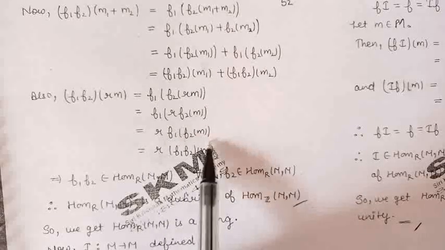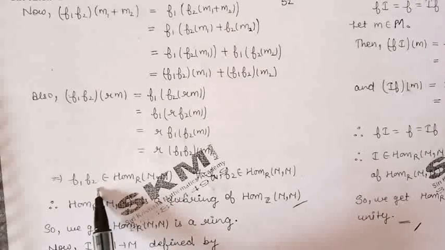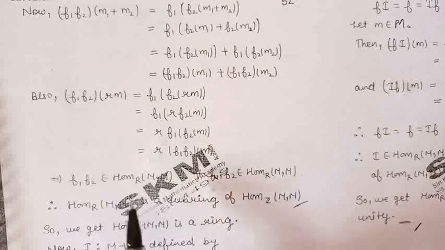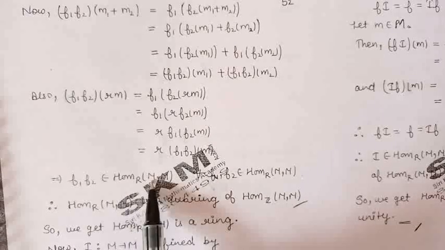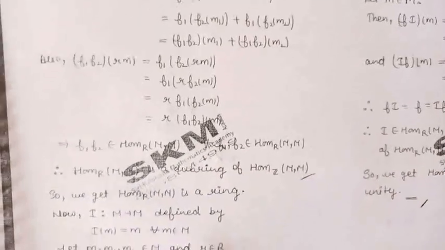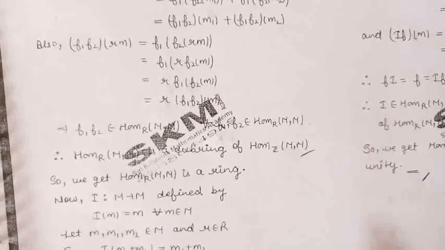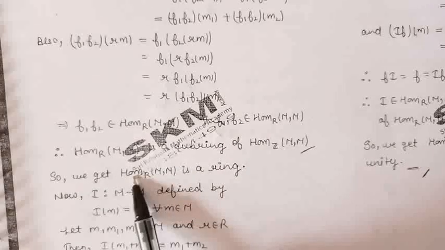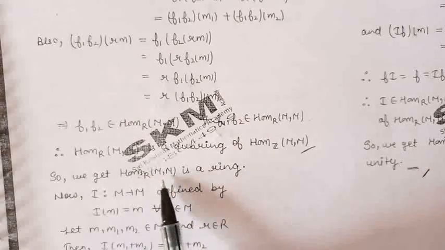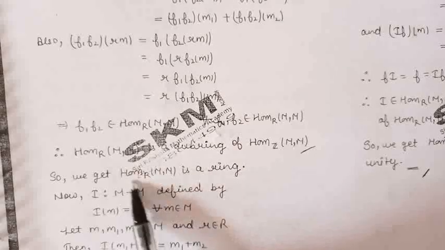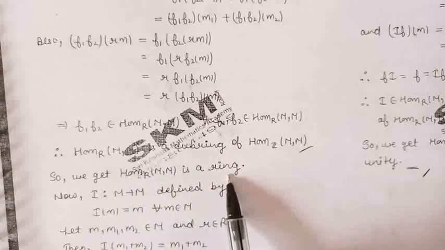So this proves that F1 into F2 belongs to the set of homomorphisms of module M. So both conditions for subring are satisfied, and hence we can say that the set of all the homomorphisms of module M into itself over the ring R becomes a ring.